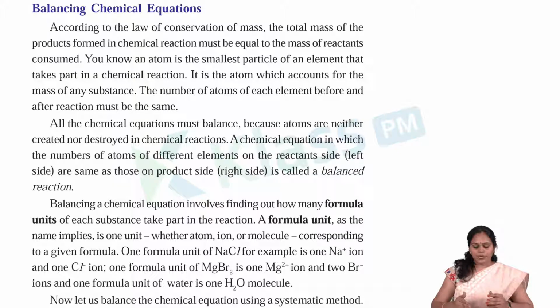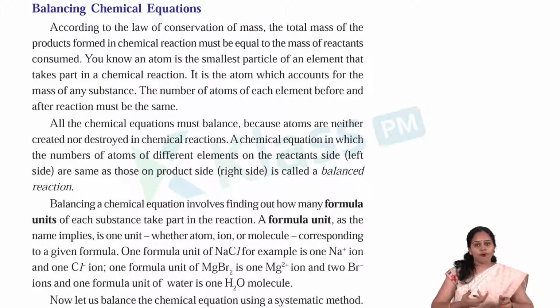A formula unit, as the name implies, is one unit, whether atom or ion or molecule, corresponding to the given formula. That is nothing but a formula unit. It is one unit, which may be an atom or an ion or a molecule, corresponding to the given formula.